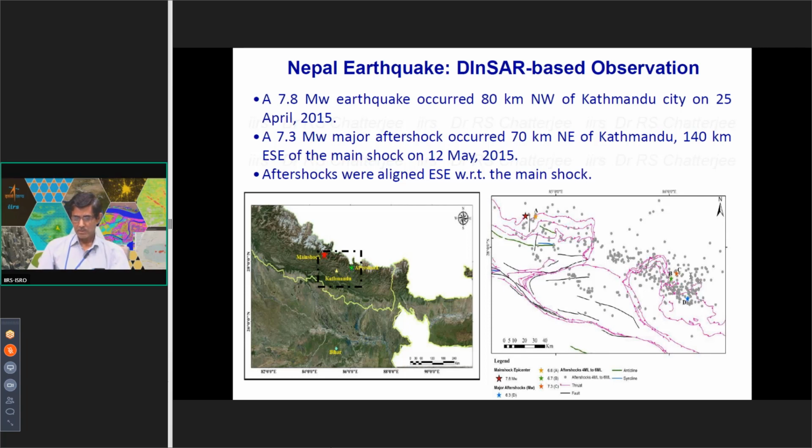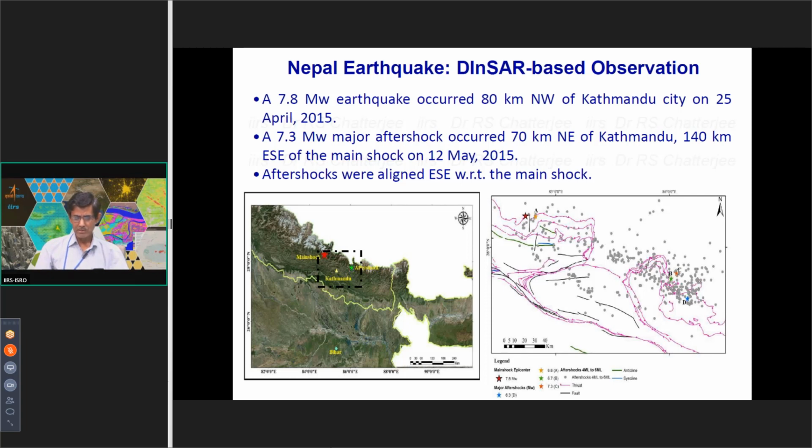This is the major earthquake I have shown. It is of 7.3 moment magnitude, located 70 kilometers to the northeast of Kathmandu, and basically 140 kilometers east southeast of the main shock. This occurred on 12 May.